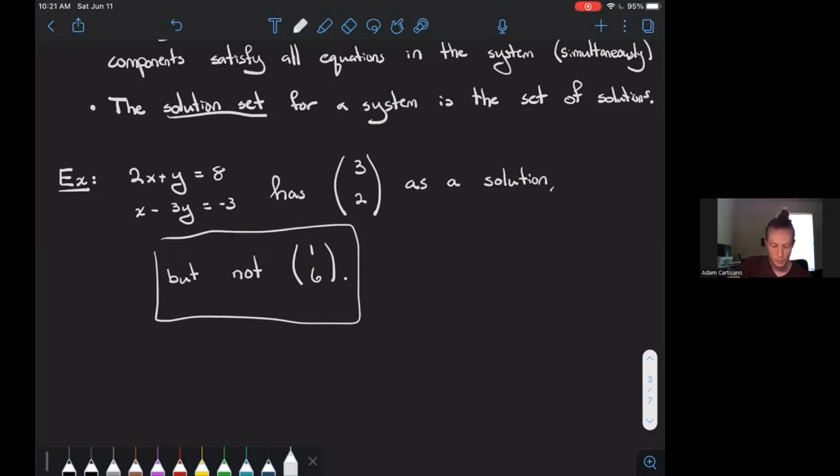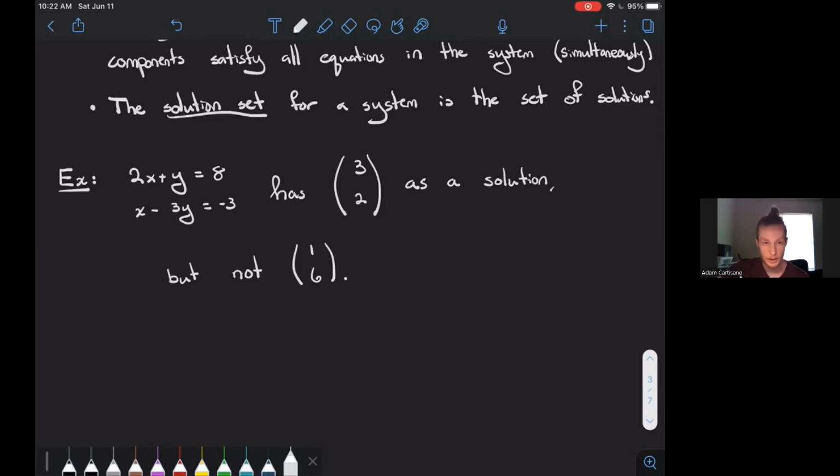And 3 minus 6 is negative 3, which means that (3, 2) is a solution to the second equation. Good. So (3, 2) is a solution to the entire system of linear equations. It is a member of the solution set.